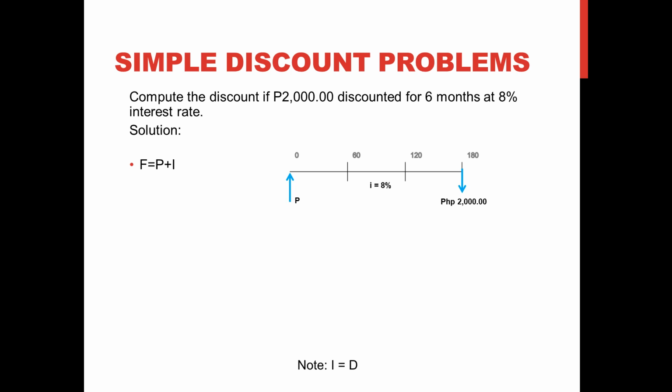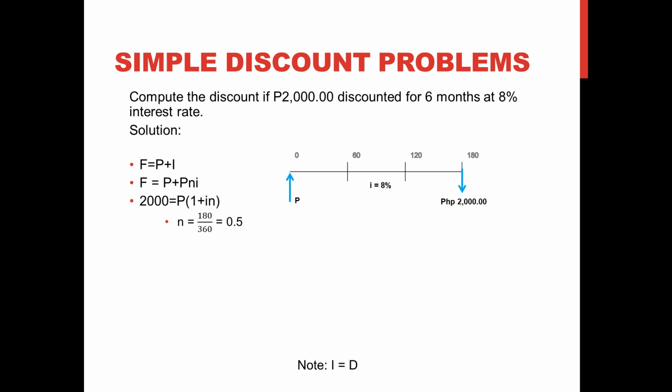So, note that I is equal to D and the future worth is P plus I. Kung titingnan natin dito, F is equal to P plus I, hindi ko ginamit yung F is equal to P plus D. Instead, I'm going to use here the present value and the discount rate na 8%.